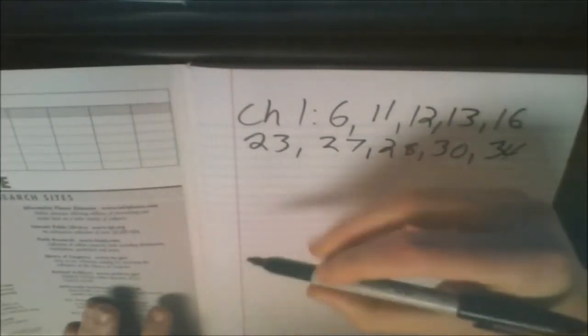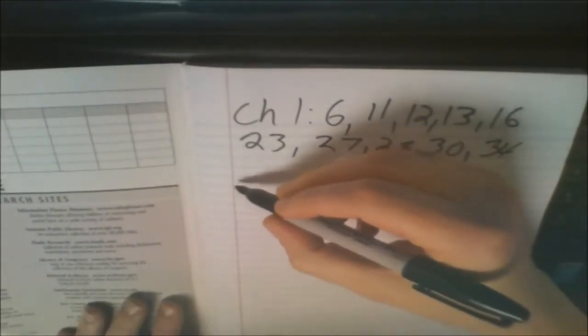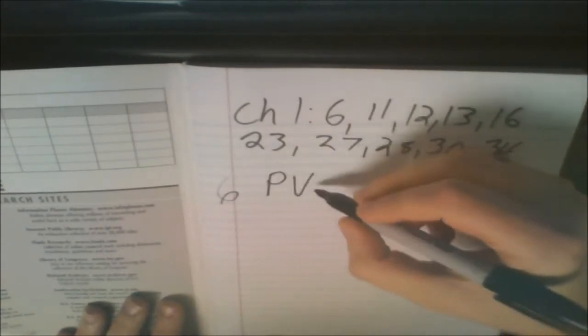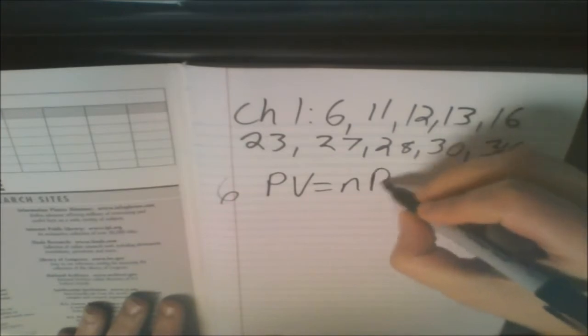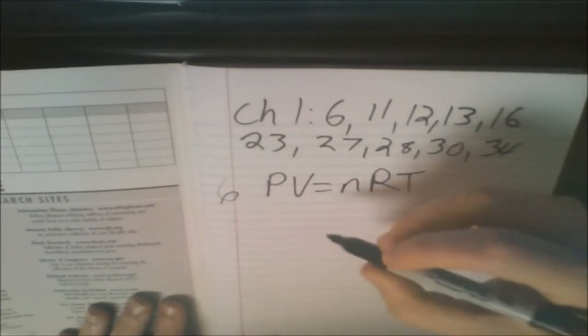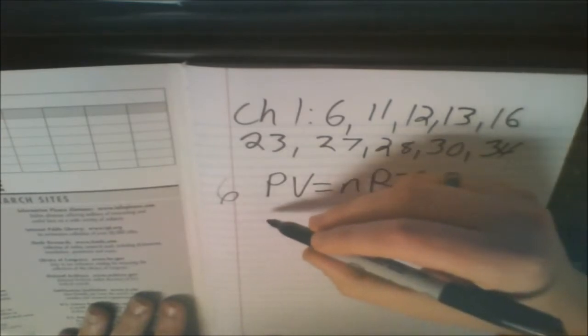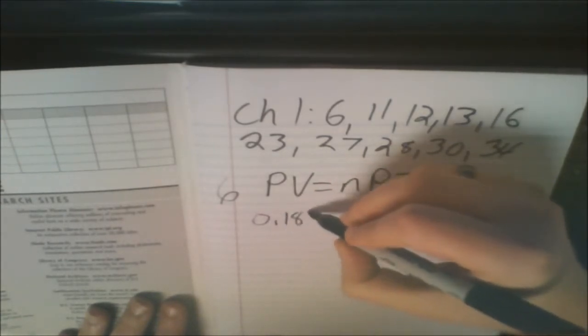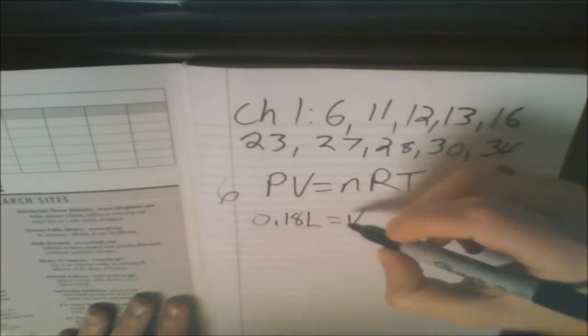This first problem is an ideal gas problem. So our ideal gas equation for number 6 is PV equals nRT. We're trying to determine the moles of oxygen under these conditions. So remember, 0.18 liters is our volume.